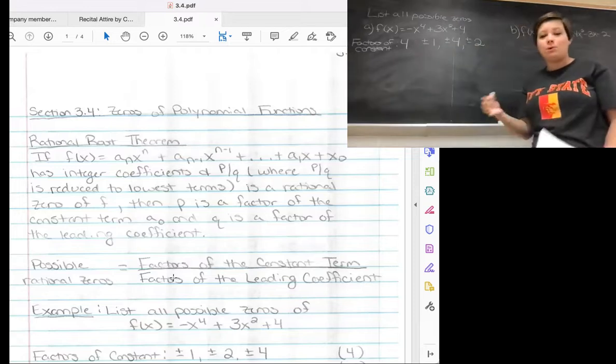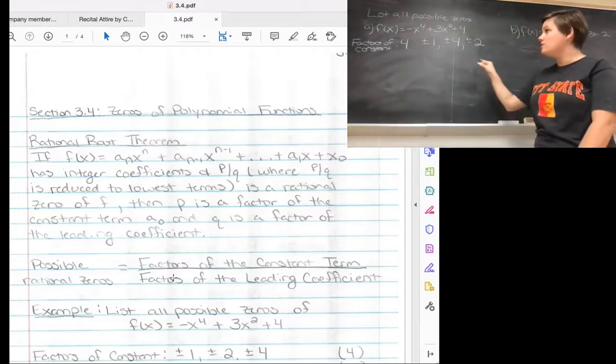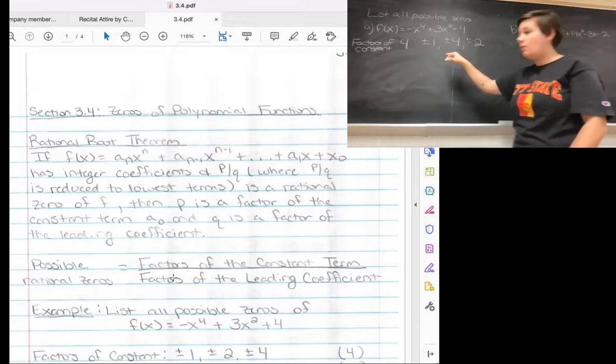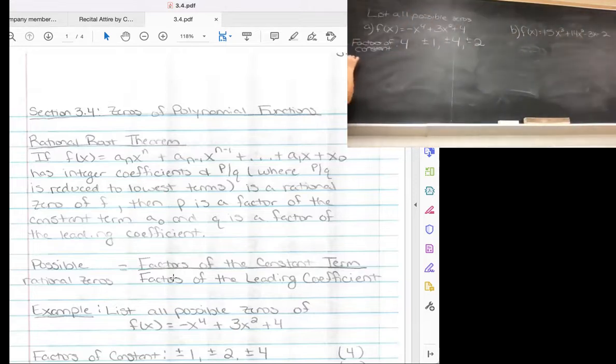So we have to include both the positive and the negative. Every single time you're writing down these factors, you're going to do plus or minus. Okay? So we're looking at the factors of the constant, and then we have to look at the factors of the leading coefficient, which I'm going to abbreviate LC from here on out.